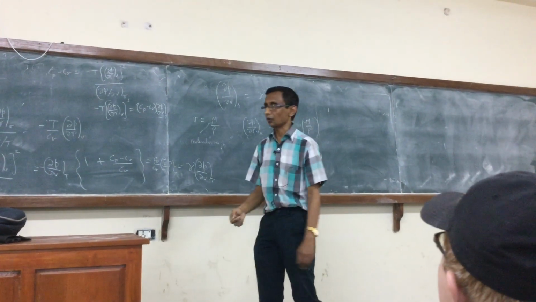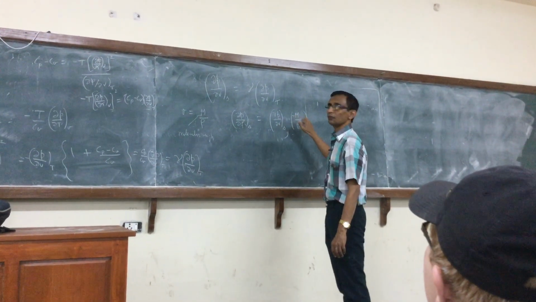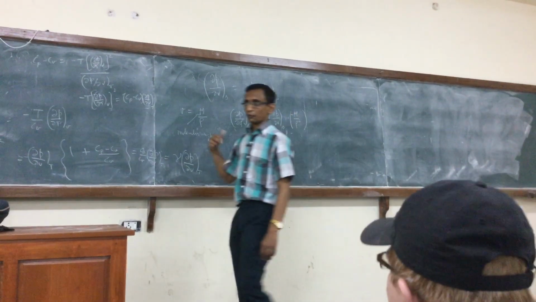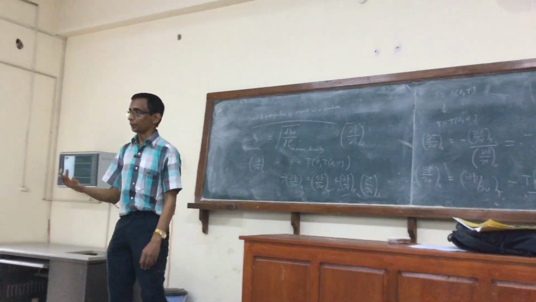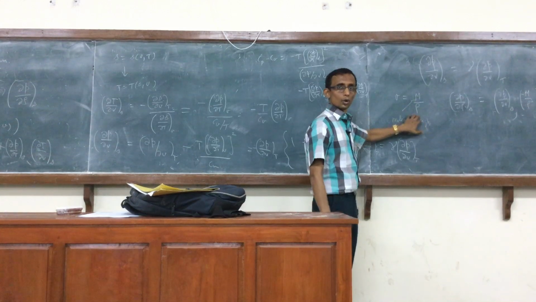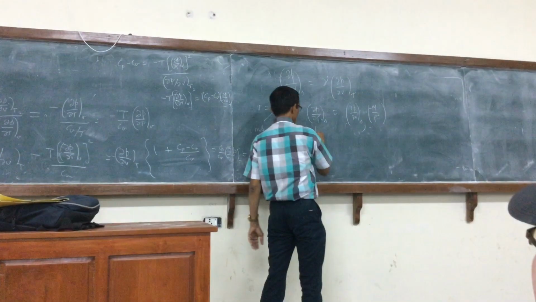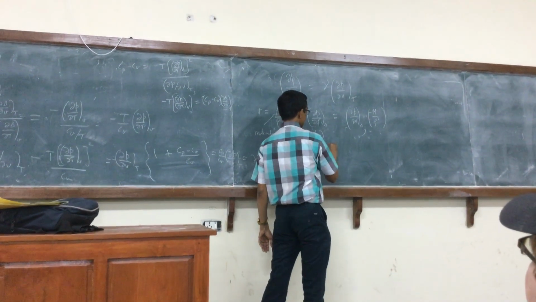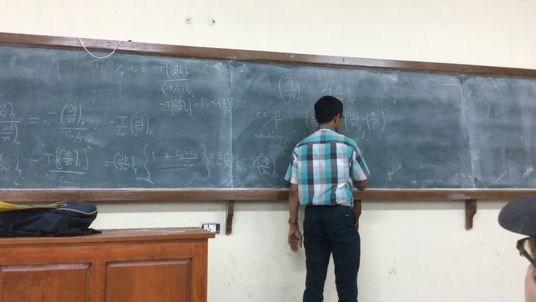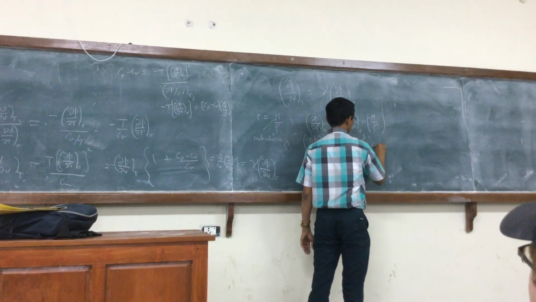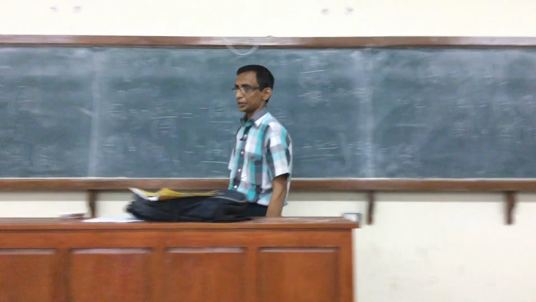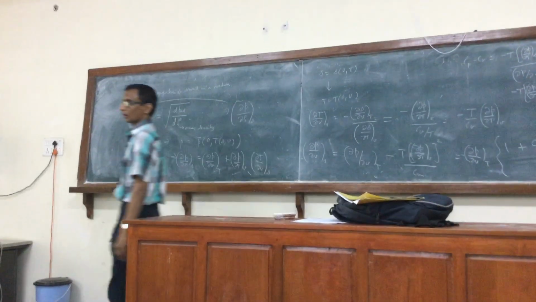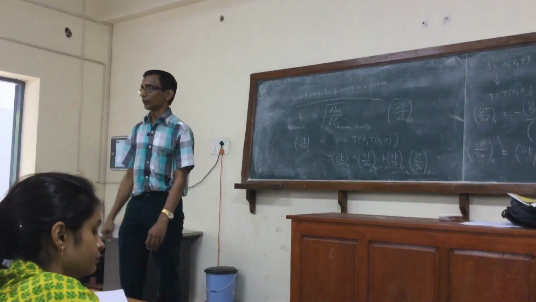V is simply a single variable function of rho, there are no other variables. So dV by d rho is minus M over rho square, and that doesn't change the relationship between the two derivatives. Each one of them is multiplied by minus M over rho square.